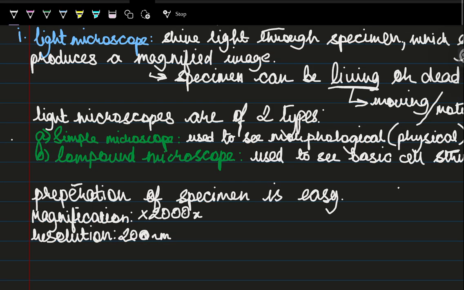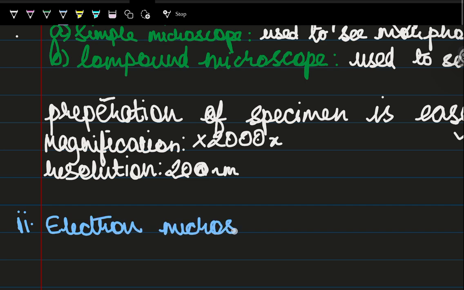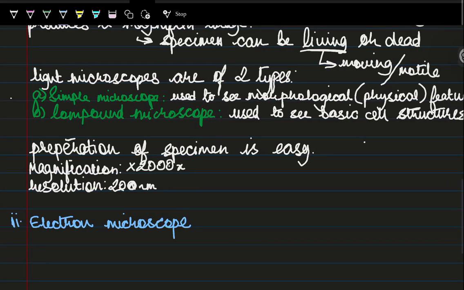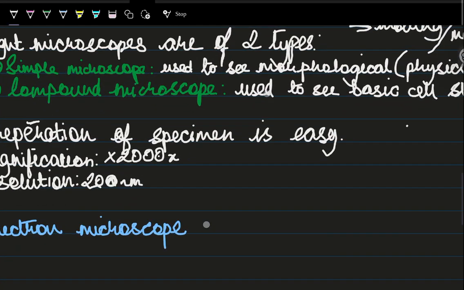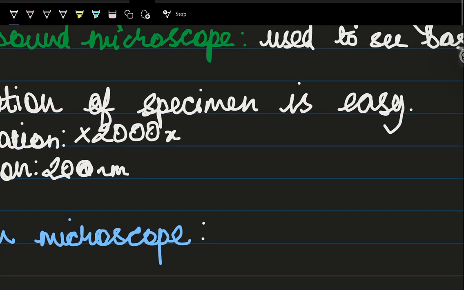Now let's move on to our second type of microscope, which is the electron microscope. Yes. So the definition of the electron microscope is basically in its name. So the electron microscope uses a beam of electrons to produce magnified images.